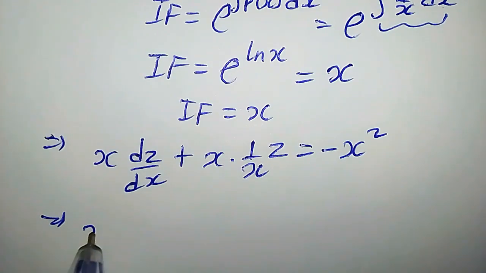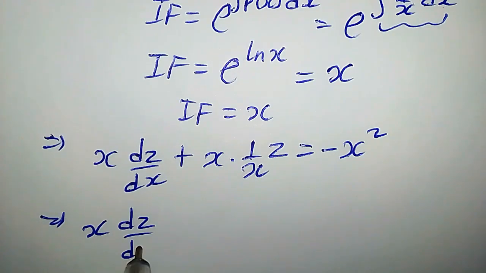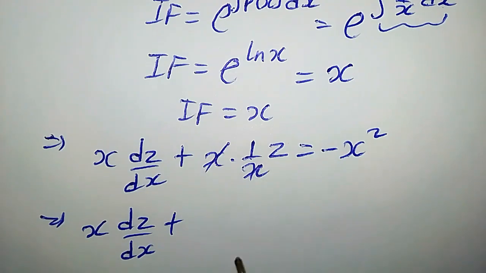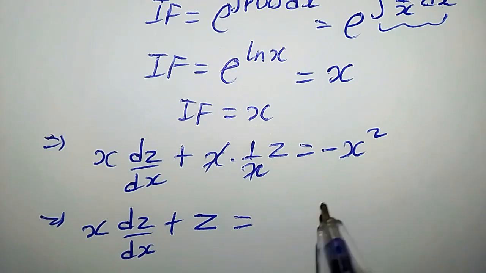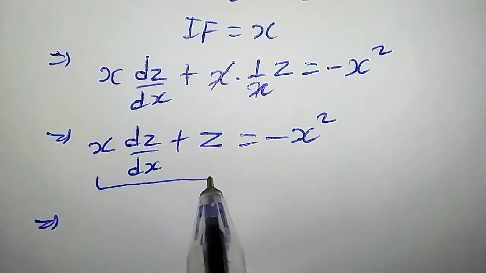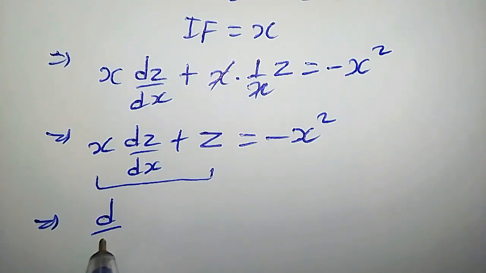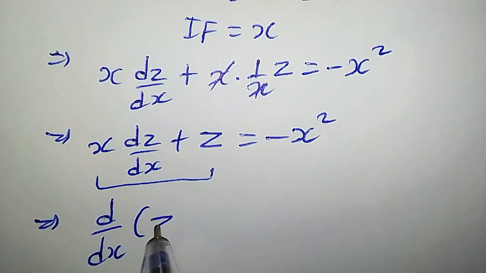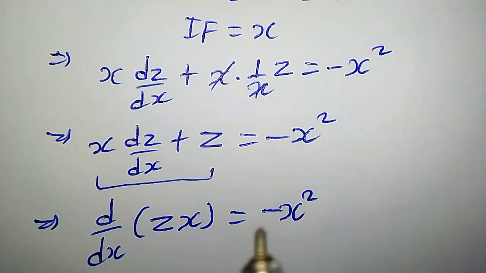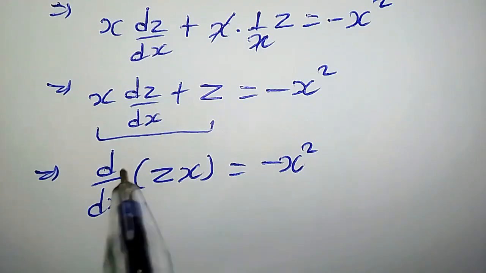So we have x dz/dx plus z, since x cancels, equal to minus x squared. This means the whole left hand side could be written as d/dx of zx equal to minus x squared. That is, by product rule, you will have this back.